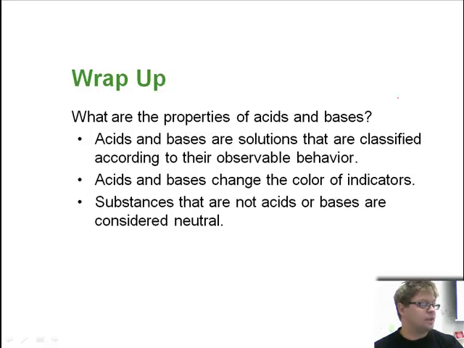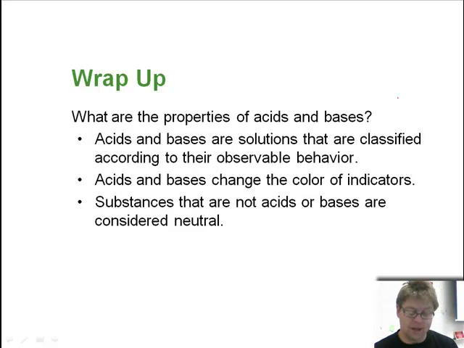Now, acids and bases are solutions that are classified according to their observable behavior. And one thing is using an indicator. One type of indicator that can be used is called litmus paper. Now, litmus paper has a bluish color to begin with. Litmus paper actually is made from lichen, and it changes color depending on whether it's an acidic or basic solution.